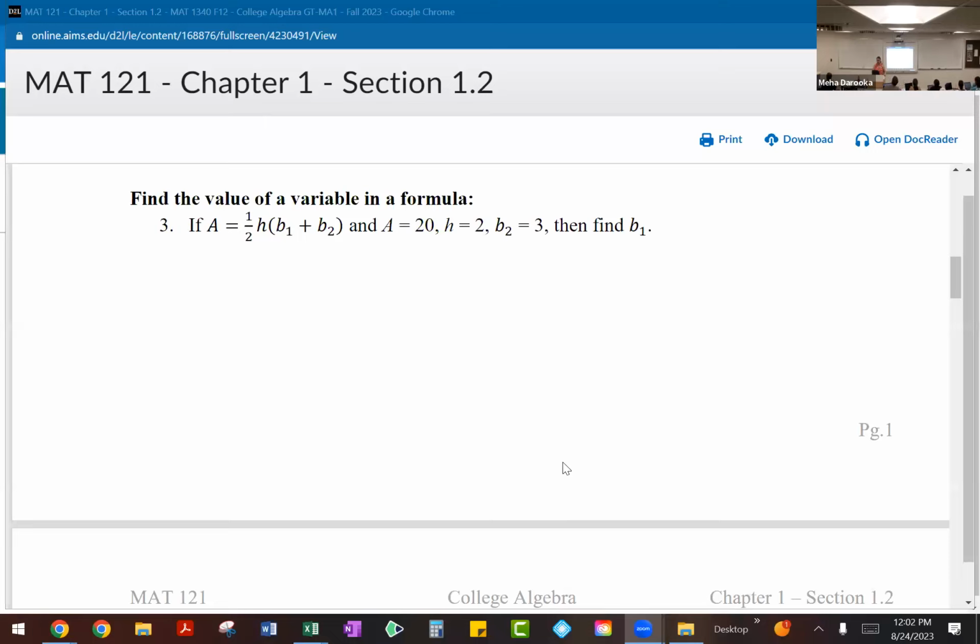Does anybody know what a trapezoid is? Otherwise it doesn't make sense when you say trapezoid. It's got two bases, because remember with the trapezoid, one of the bases is shorter than the other one. And when we talk about a perpendicular height, we talk about the distance h.